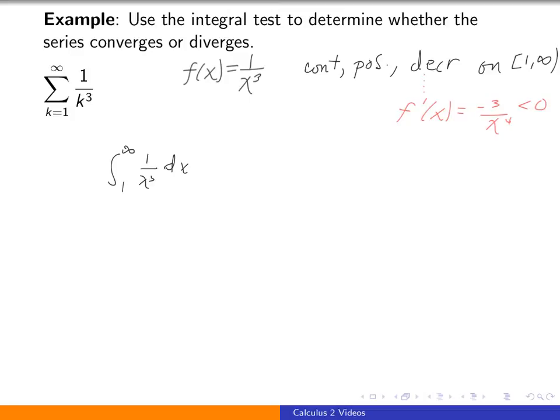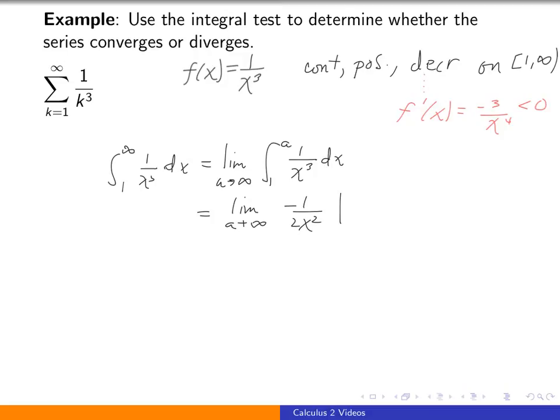So in order to evaluate an improper integral, our first step is to write it as a limit. So the limit as a approaches infinity, the integral from 1 to a of 1 over x cubed. The antiderivative of 1 over x cubed is minus 1 over 2x squared.